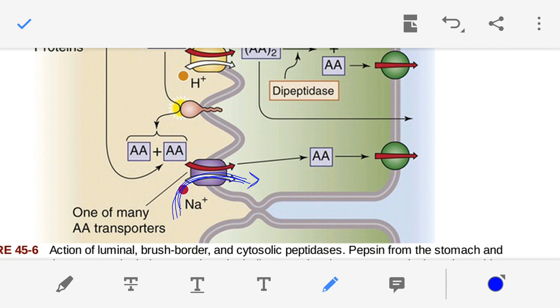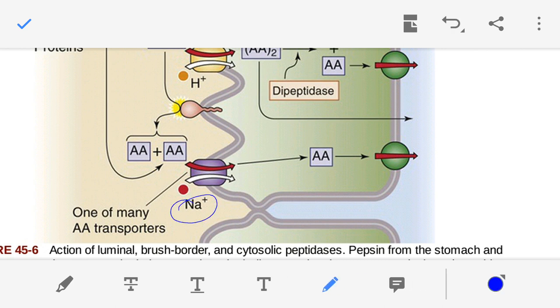Here the larger concentration of Na plus is present, and here the lower concentration of Na plus is present. So we can say the movement of Na plus is taking place in the downhill direction, from higher concentration to lower concentration. That is the downhill movement for Na plus.